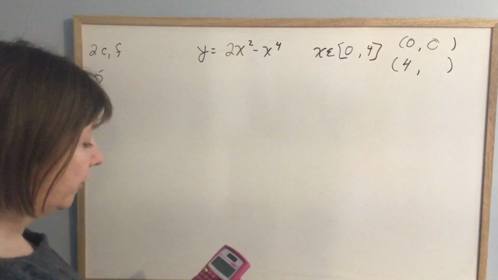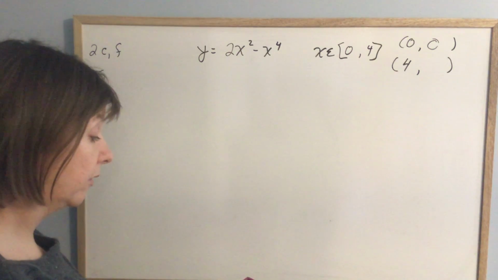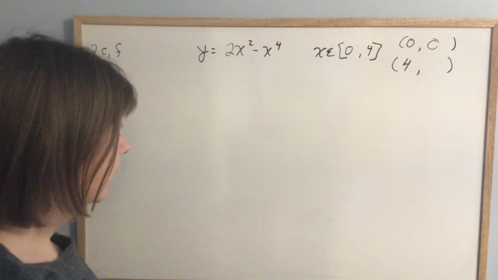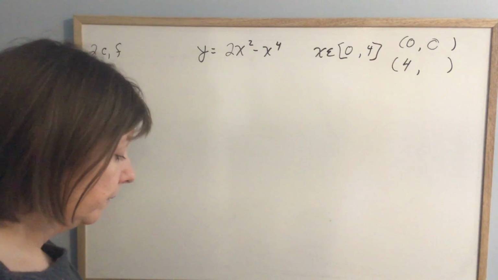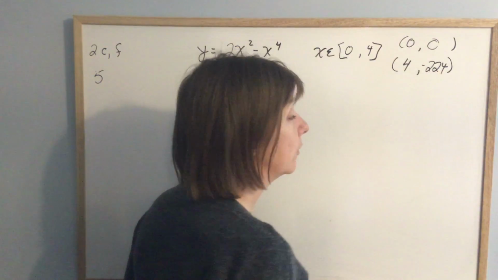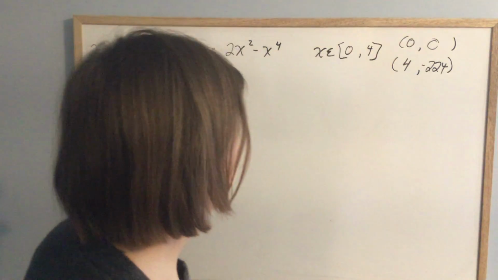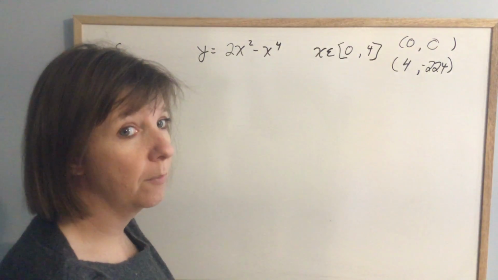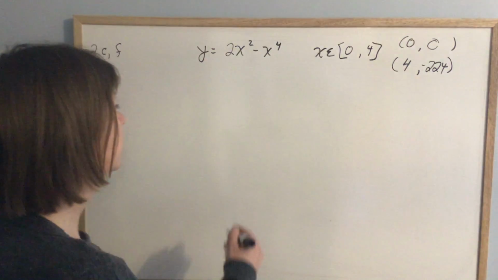Just hold on. If I put 4 in there, 4 squared is 16 times 2 is 32 minus 4 to the 4th. So I get negative 224. Very low value. All right. So now I need to figure out, are those in fact the absolute maximum, absolute mins, or does it go lower or higher at some particular point?